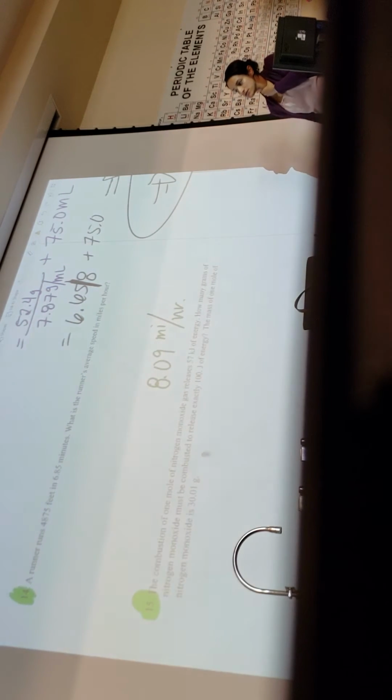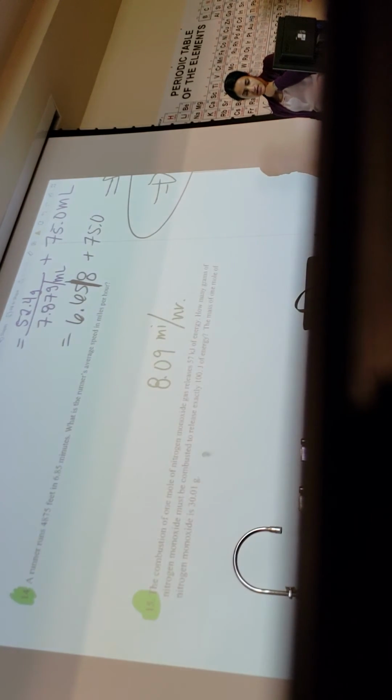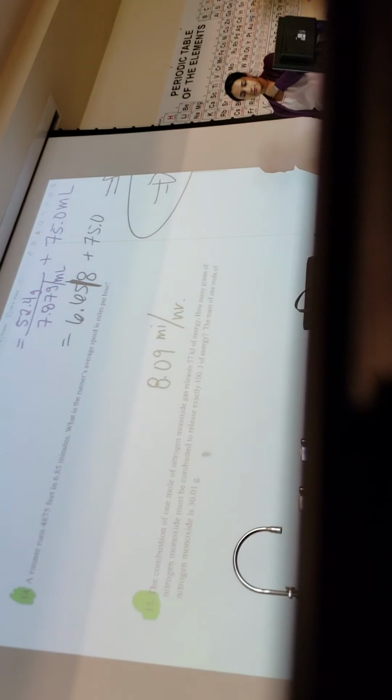You have to calculate the speed in miles per hour. So go from feet to miles and minutes to hours. So you should get 8.09 miles per hour for the run.